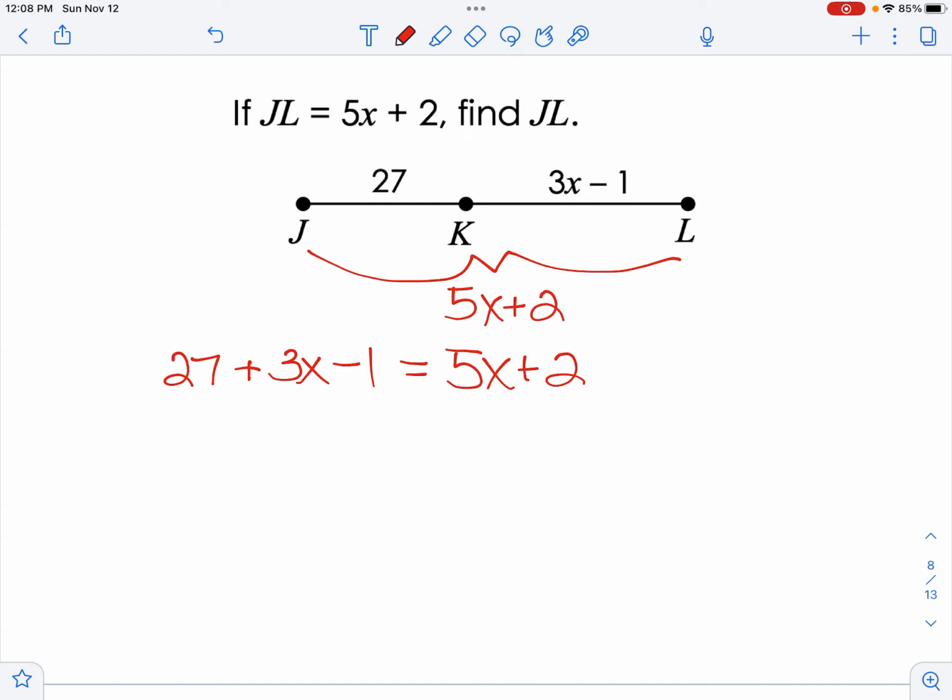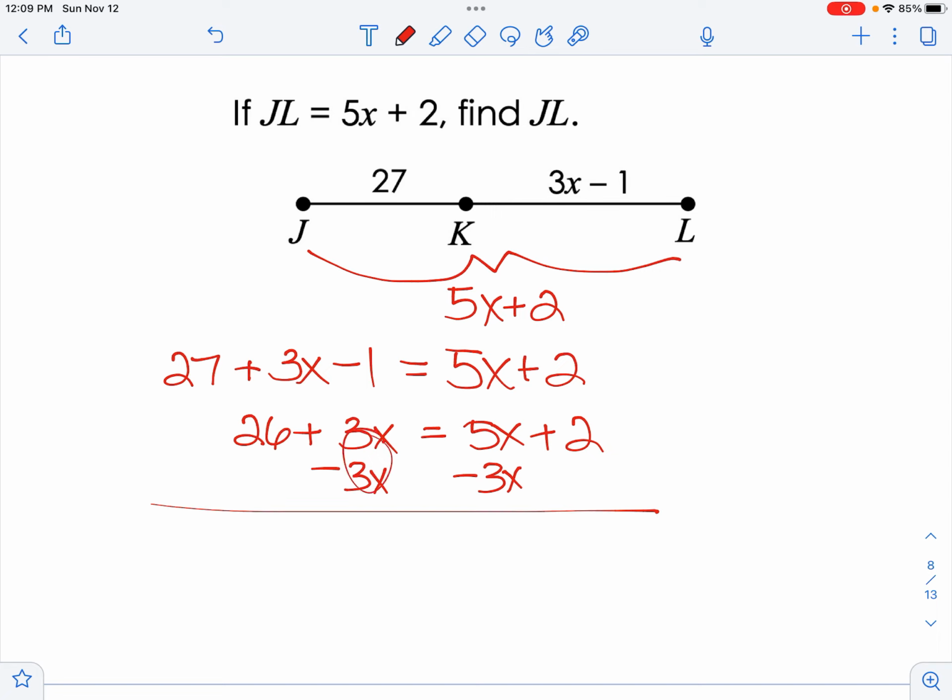Okay, so again, before we start doing anything, I want to make sure both sides are simplified. The right side is okay. The left side I want to combine 27 and negative 1. I want to put those together first. So 27 minus 1 is 26. So I have 26 plus 3x is equal to 5x plus 2. Okay, now I want to get all my variables on one side. So I'm going to move my x's to one side. So I'm going to get rid of 3x by subtracting 3x from both sides.